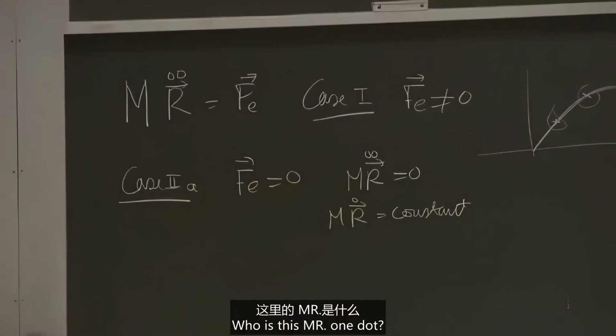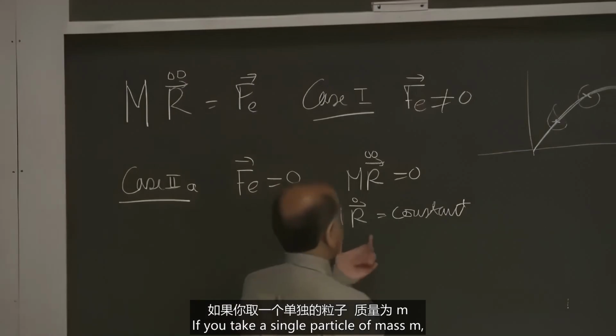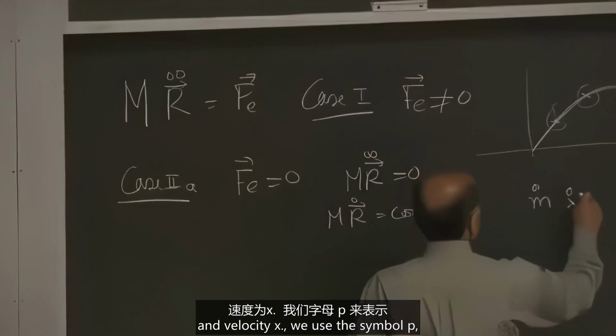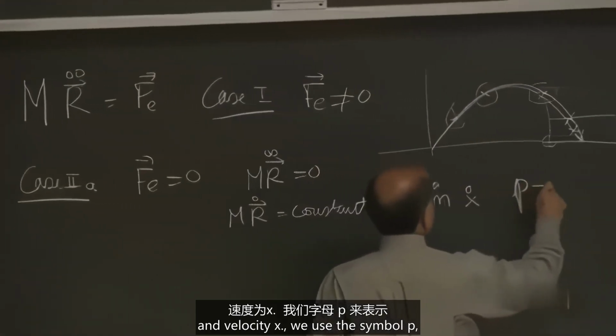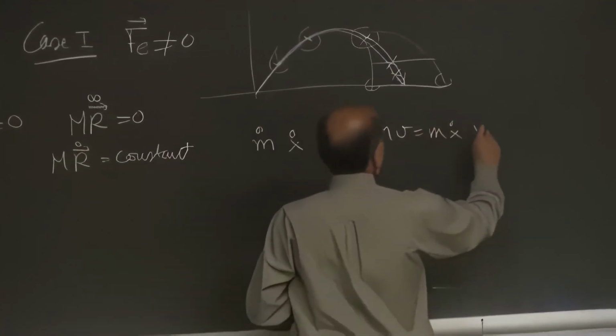Who is this mr dot? What does it stand for? Well, it looks like the following. If you take a single particle of mass m and velocity x dot, we use the symbol p. Maybe I've never used it before in the course, and that's called the momentum.